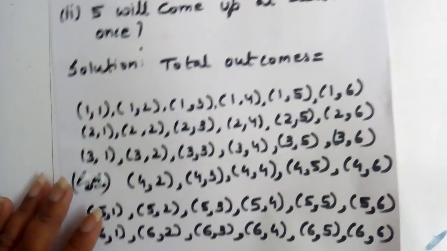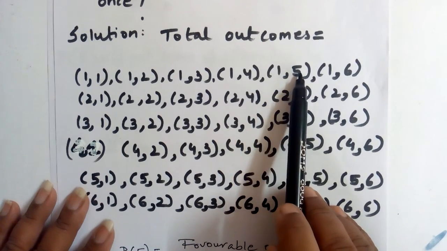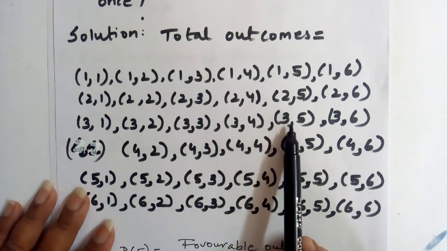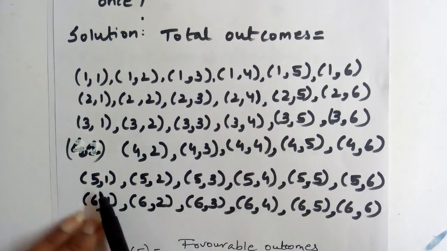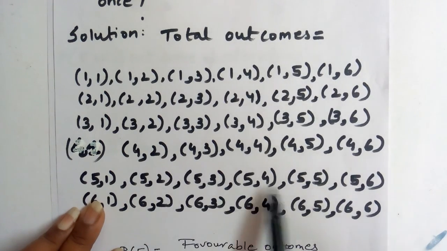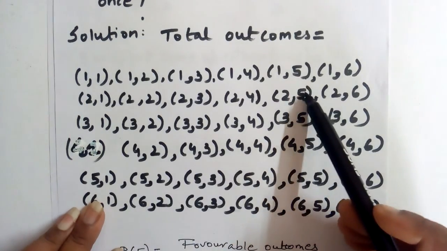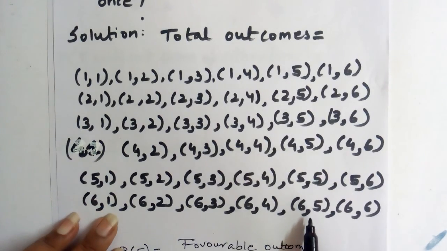Either we can tick mark in the table, or we can write: 1 5, 2 5, 3 5, 4 5. So 4 cases. And in the fifth case, when the first die shows 5 every time, that gives 1, 2, 3, 4, 5, 6, 7, 8, 9, 10 and 11. So the total is 11 cases where 5 is definitely coming.